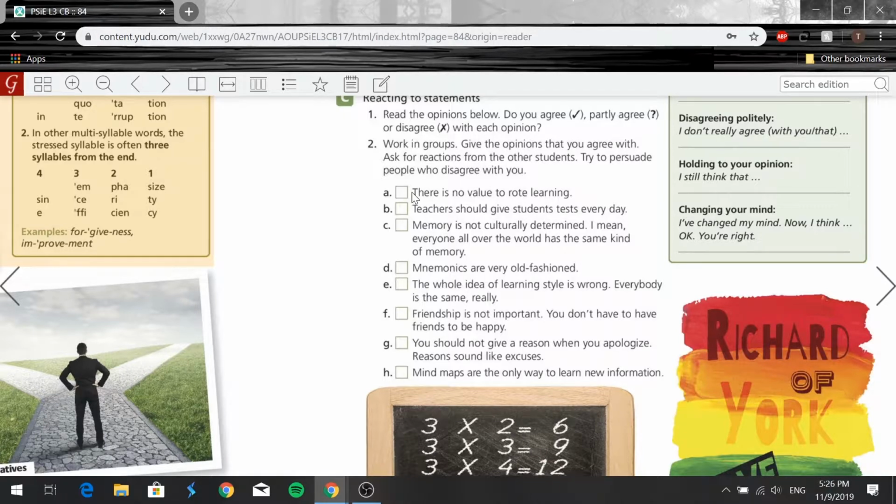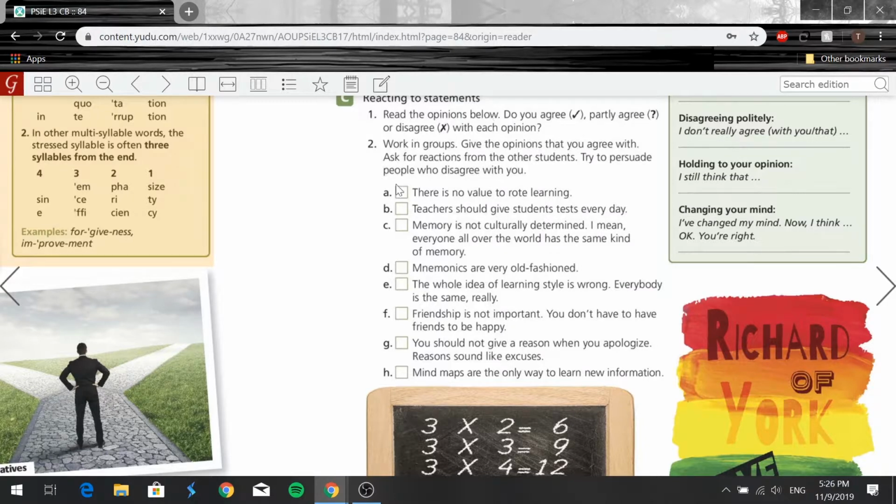So I wouldn't exactly say there's no value, but it does have value. I'm sure there is value to repetition. Just think about it this way, right? When you're listening to a song, you listen to it so many times that over time you discover deeper and deeper meanings to the lyrics, obviously depending on what your taste in music is like.